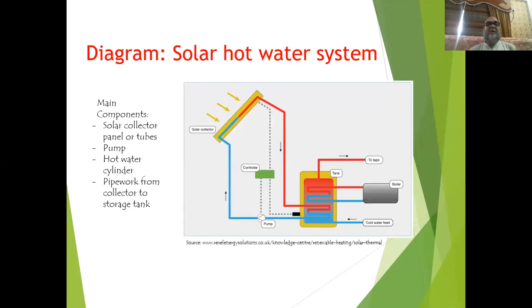So how does it work, and what are the components? This is a solar collector panel. There is a pump in which the water from this tank is pumped to this pipe in the solar collector, and then it gets heated and transfers back through this pipe again.